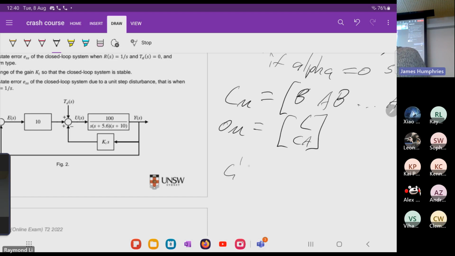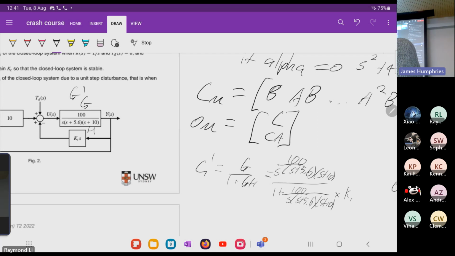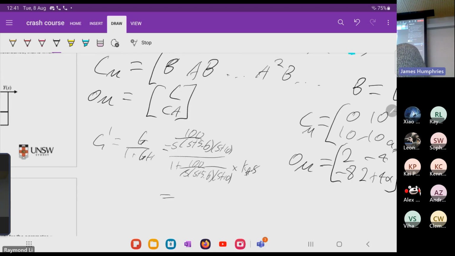So we know that G prime, let this be G prime, is equal to, I'm going to call this G and this H. All right, so it's going to be G on 1 plus GH, which is equal to 100 over S of S plus 5.6, S plus 10, all over 1 plus 100 on S of S plus 5.6, S plus 10, multiplied by K1, KT of S. So then that S will cancel with that S, multiply everything through, and you're going to end up with 100 over, well, this is going to be S of S plus 5.6, S plus 10, plus 100 KTS.